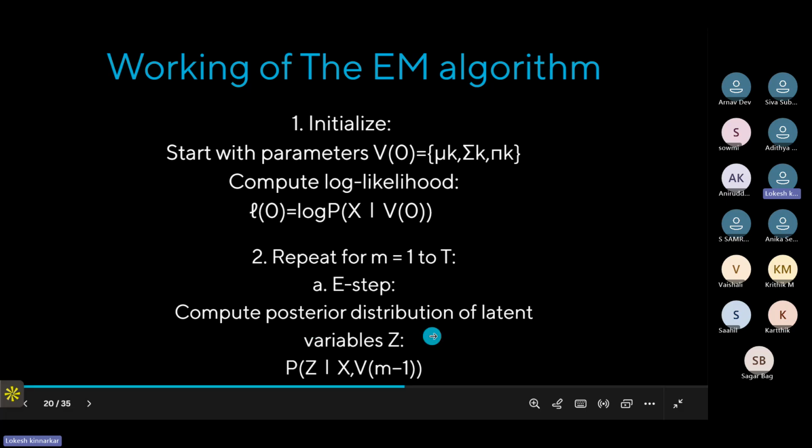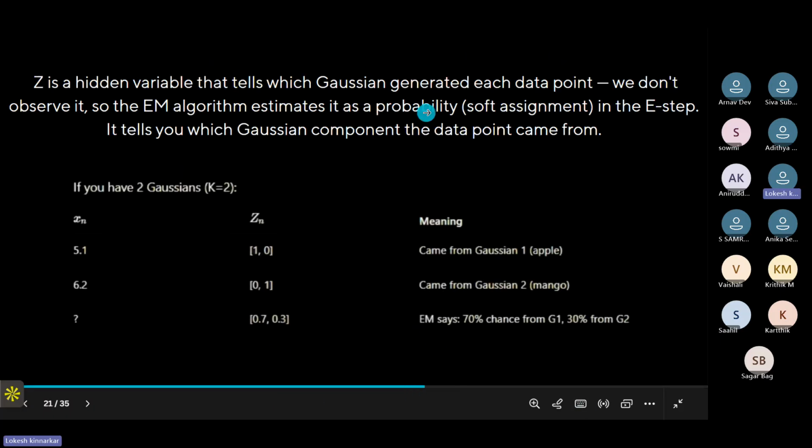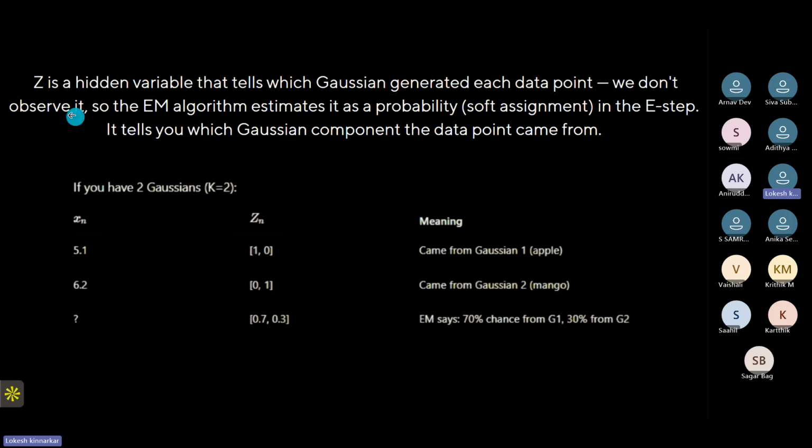But as I said, it is not tractable to compute because of the denominator which is appearing below, and z could be a high dimensional vector. So we want to avoid it, and we will try to take a different distribution which will help us reach this particular quantity. Okay, so here is some more explanation about z. z is essentially a hidden variable which is telling which Gaussian generated each data point.